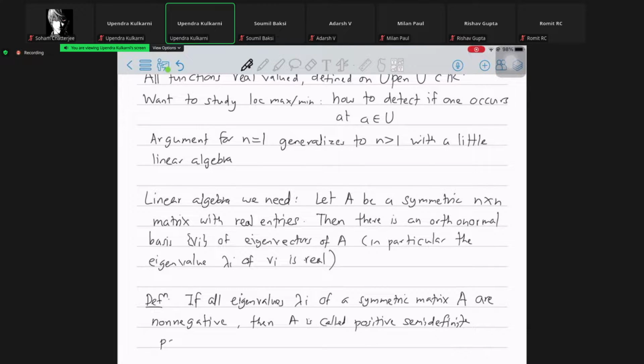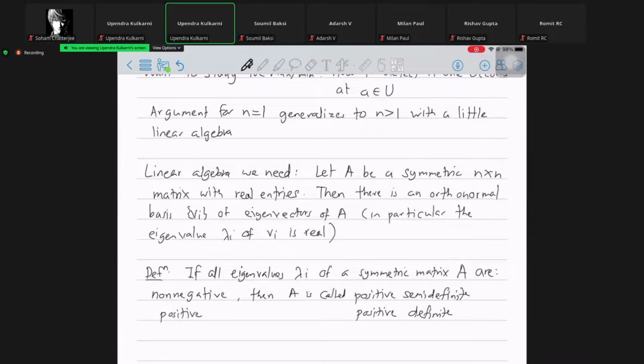If they are all positive, so there are various parts, they're all parallel definitions, then A is called positive definite.